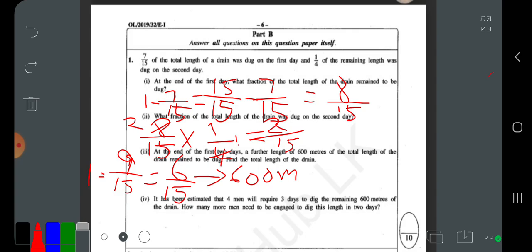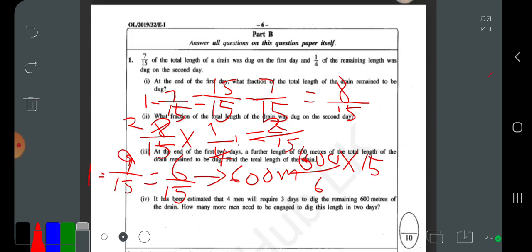Why are we multiplying? Because we need to find the total length of the drain, the 15/15th. So 6 portions are equal to 600 meters. So for 1 portion we divide the 600 by 6, and we should multiply with 15.